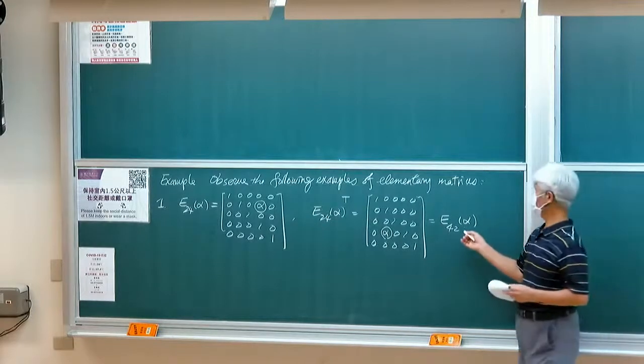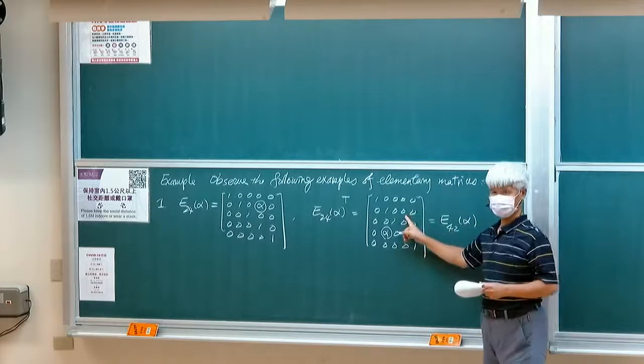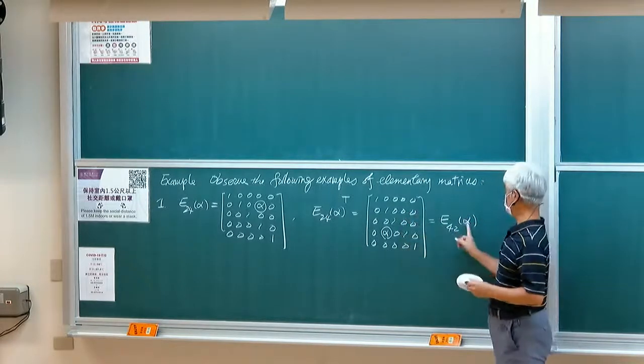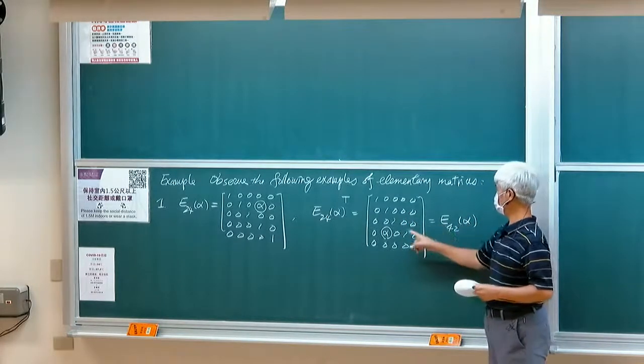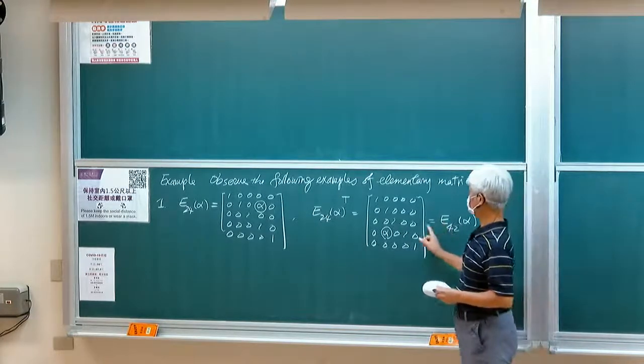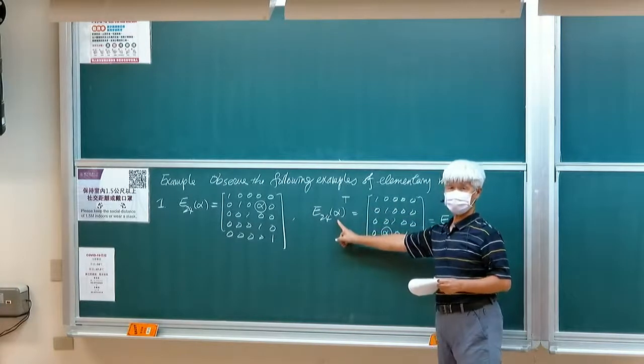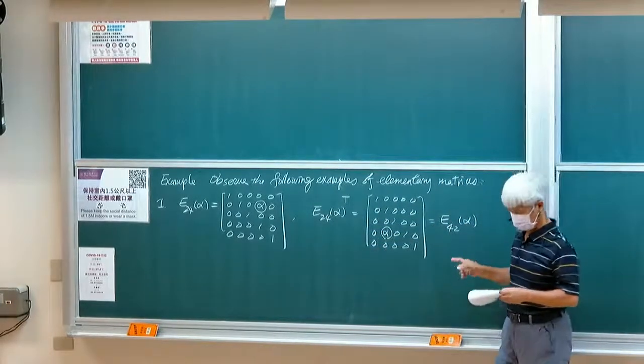This time, we actually multiply the second row by alpha and add it to the first row. But anyway, the point is that the transpose of this elementary matrix is another elementary matrix.